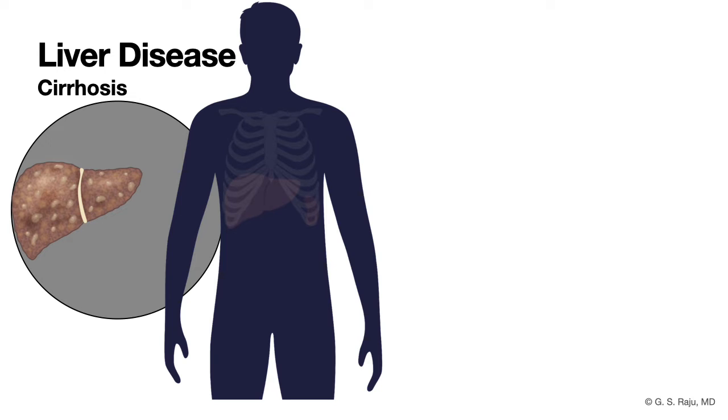Cirrhosis is a diagnosis you make based on liver biopsy, which demonstrates distortion of the liver architecture, the lobular architecture, fibrosis, especially bridging fibrosis from portal triad to portal triad to central vein, and recognition of regenerative nodules.